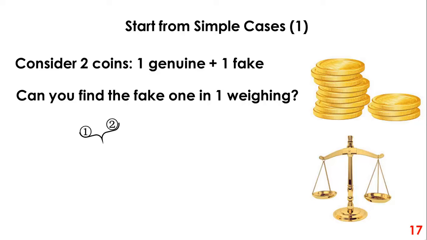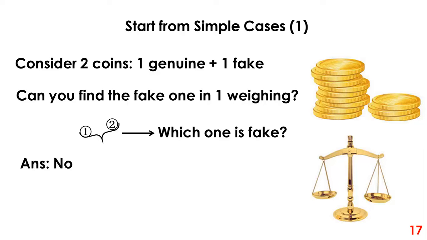If we place these 2 coins on the scale, it will be uneven, as we expected, but it cannot give us any information about which one is fake. We don't know if the fake one is lighter or heavier, so we cannot get an answer for this case.